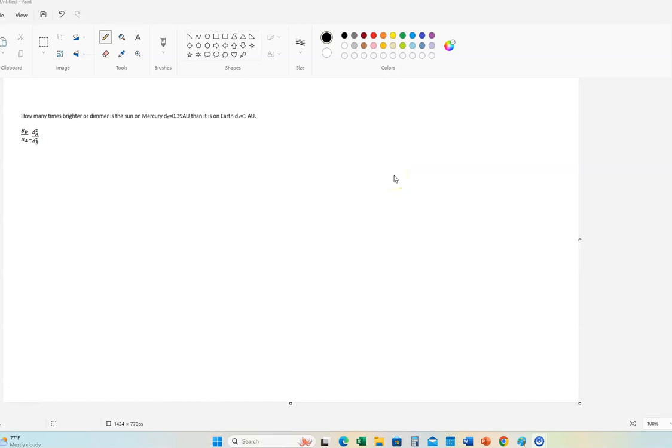All right, so with this one, this was one of your homework problems. I wrote a little equation to help with this. All right, so let's draw a little picture here.